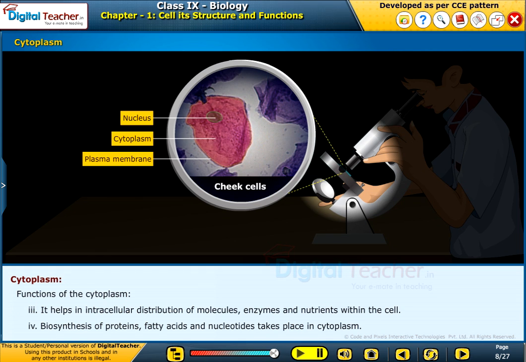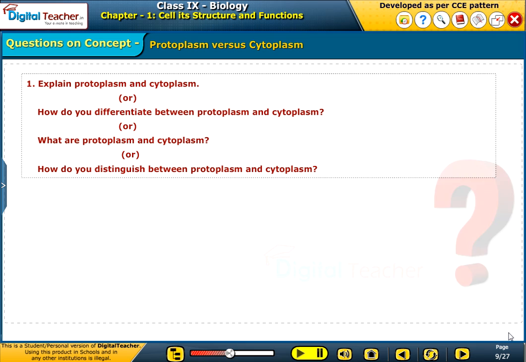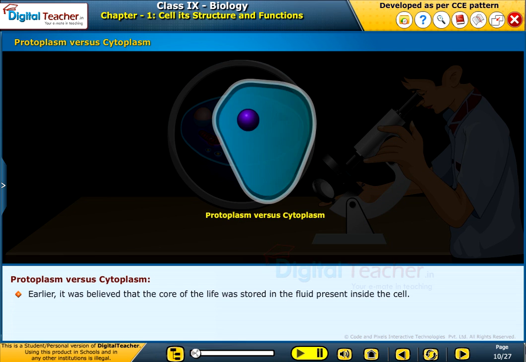Now, let us learn about protoplasm versus cytoplasm. Earlier, it was believed that the core of life was stored in the fluid present inside the cell.